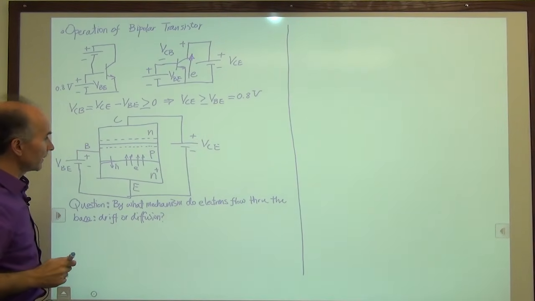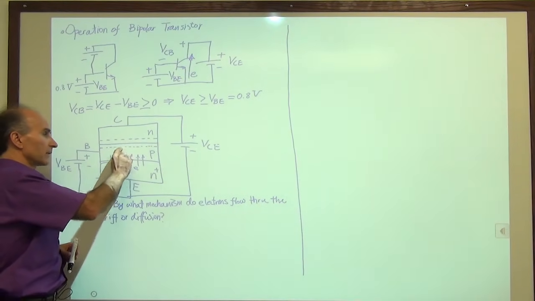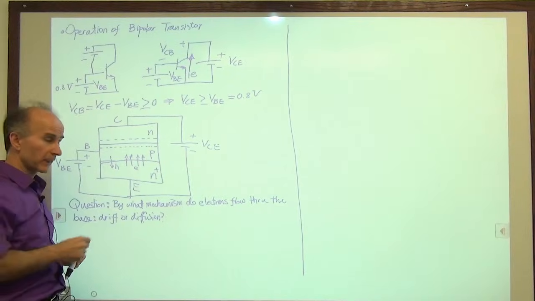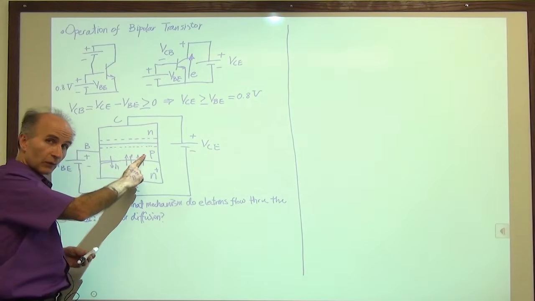All right, well, it turns out that the voltage drop in this region is very small, actually, because even though this is heavily doped, this is also moderately doped, so its resistance is not that large.